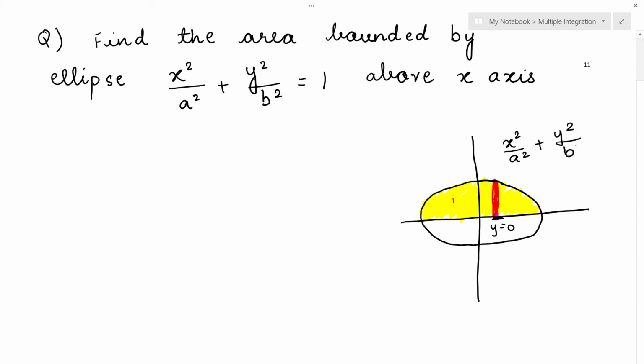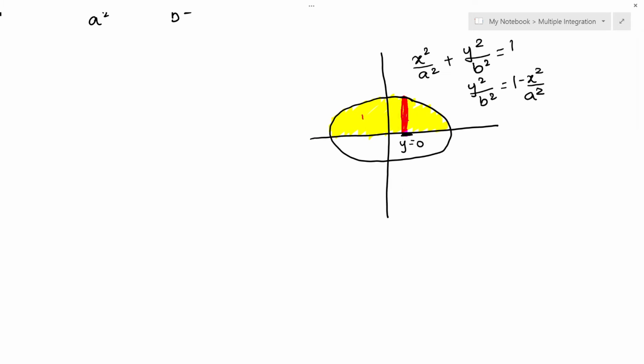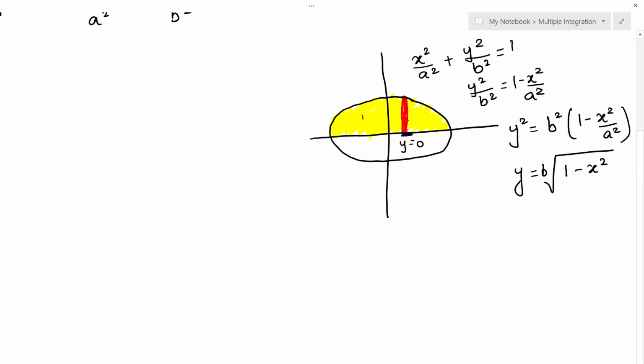So that will be nothing but y square upon b square is equal to 1 minus x square upon a square. So y square is equal to b square into 1 minus x square upon a square. So y is equal to, since it is in the first quadrant, b times root of 1 minus x square upon a square.